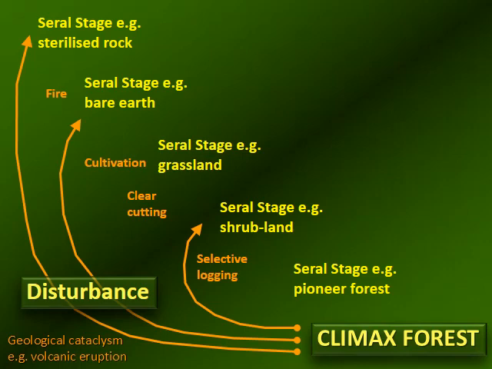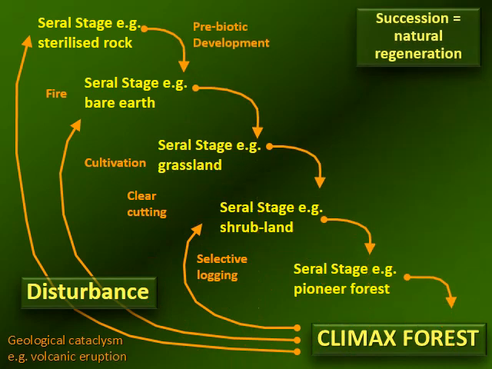If you cultivate the grassland or burn it, you might get back to bare earth. Nature, of course, is always trying to push this system in the opposite direction. It's trying to push the system forward towards the climax forest. So this is called ecological succession or natural regeneration.